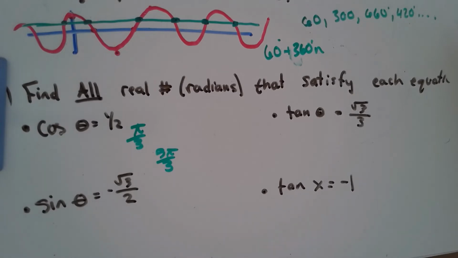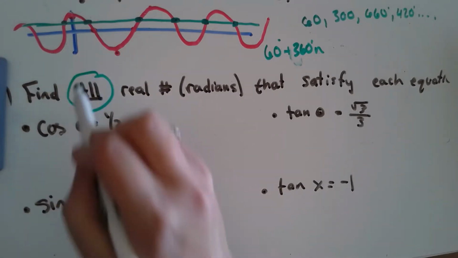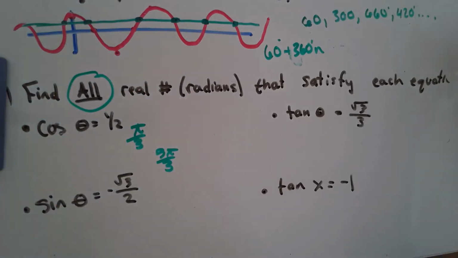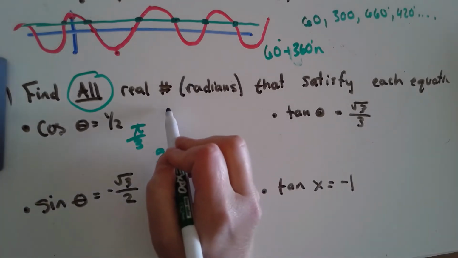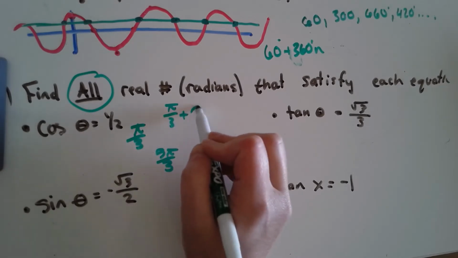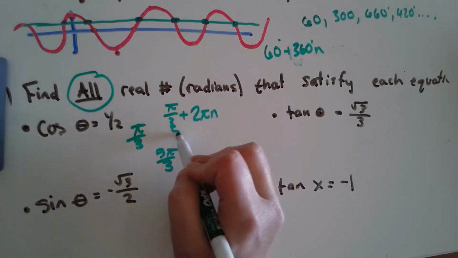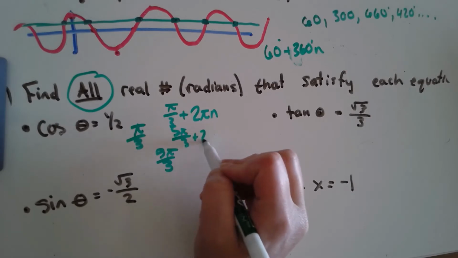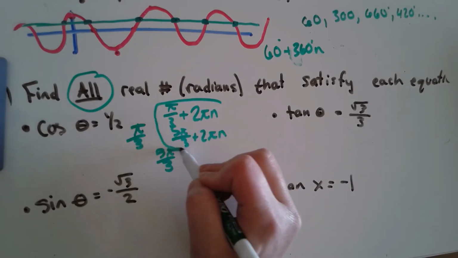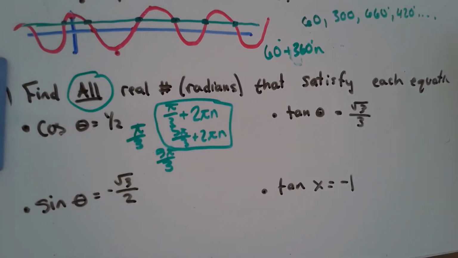If we want to find all of them, is there a way to get from 60 to 300 in an even count, like by 180 or 360? Sometimes you could go 180 and you find your next answer. In this case we don't. So our answer is going to be pi thirds plus 2 pi n and 5 pi thirds plus 2 pi n. Those are my two solutions.